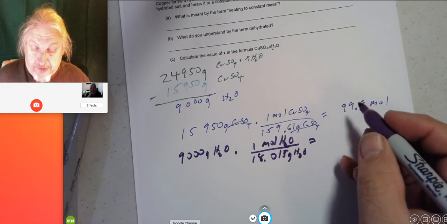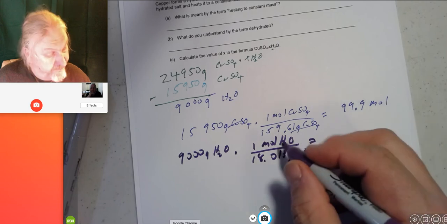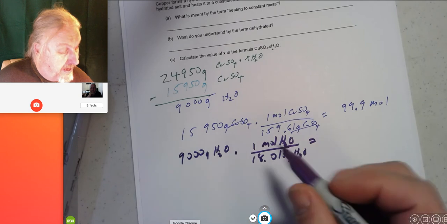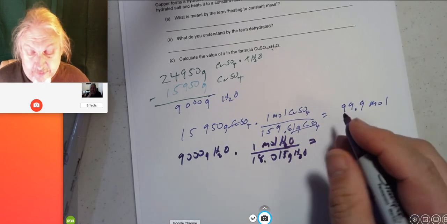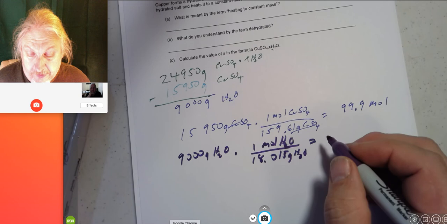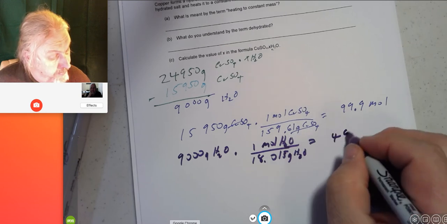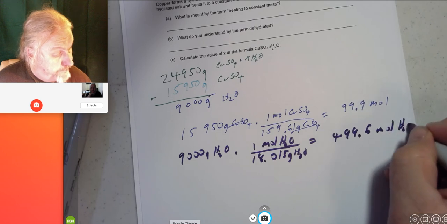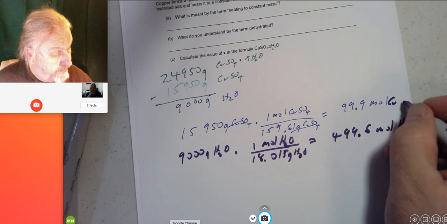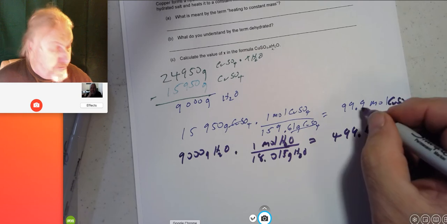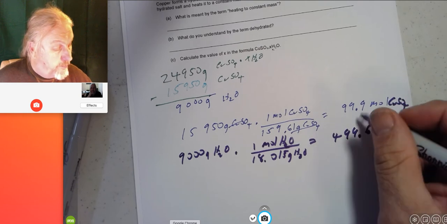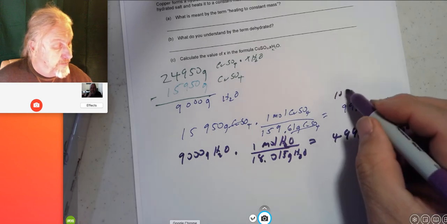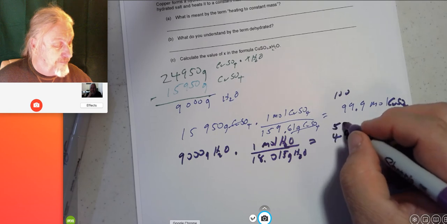So if we divide 9,000 by 18.015, we come up with 499.6 moles of water. Go ahead and put CuSO4 here. So you see there are more moles of water. Let's go ahead and do a rounding. So that's really 100 moles, and that's really 500 moles.